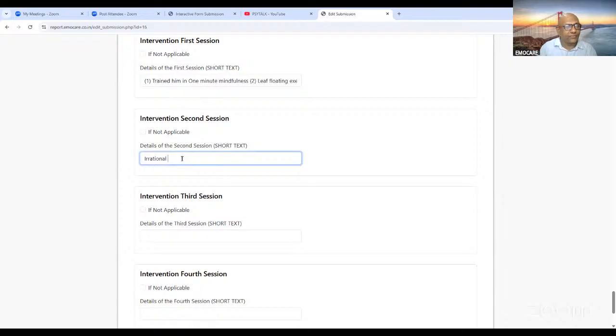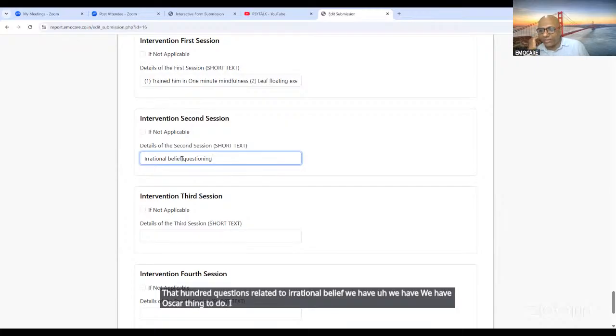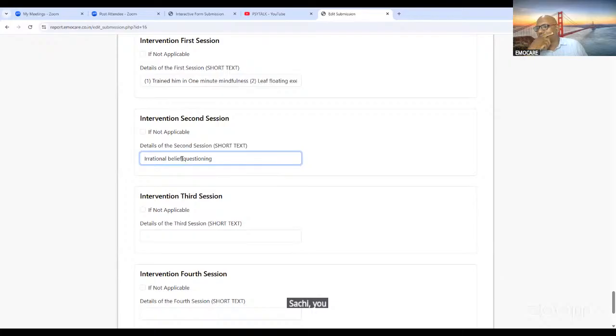In the second session, we used irrational belief questioning. We have created 100 questions related to irrational belief, and we asked the individual. I think the questions were prepared by Sakshi Agarwal. Sakshi, you only prepared, isn't it?